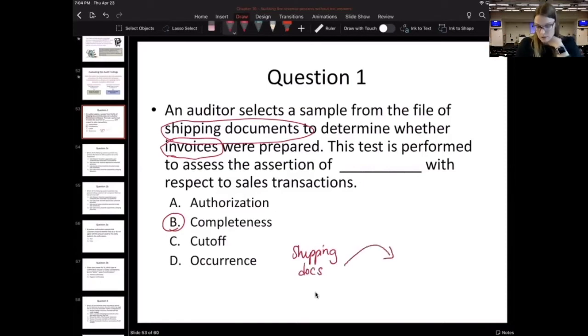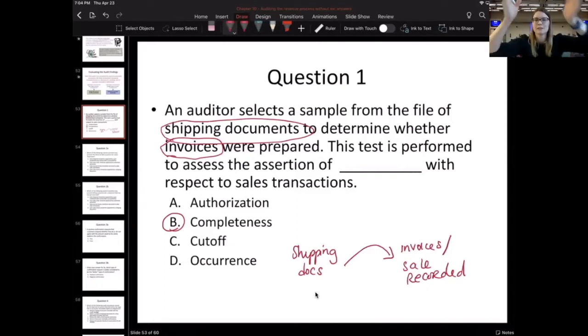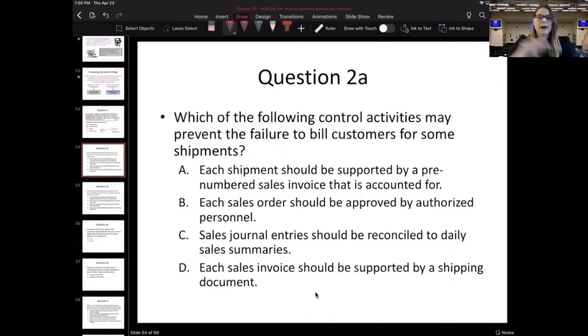So since I'm going from the shipping docs to invoices, aka the sale being recorded, it's similar to going from a source document, right? Because the shipping doc represents the sale existing, because that's me actually fulfilling my performance obligation. And I'm going back to the invoice to see where it was recorded. So this is completeness.